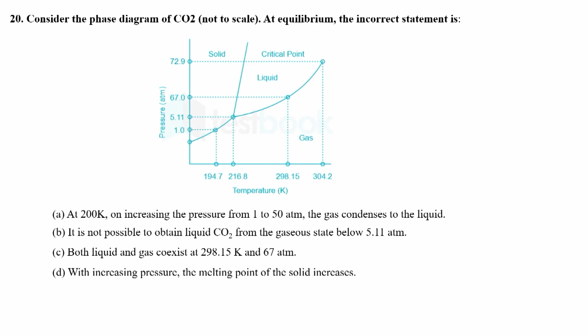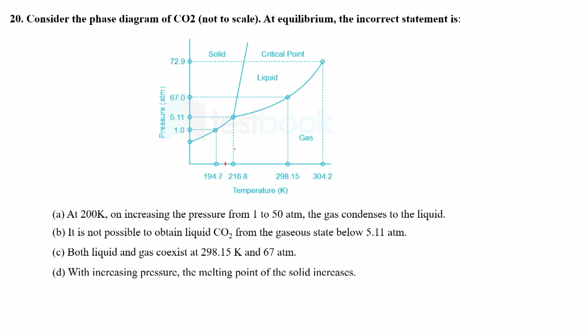Next we move to problem number 20. It says: consider the phase diagram of carbon dioxide at equilibrium. The incorrect statement is: at 200 K temperature, on increasing the pressure from 1 to 50 atmosphere, the gas condenses to liquid. So 200 K temperature is somewhere here, because pressure is given in atmosphere and temperature in Kelvin.